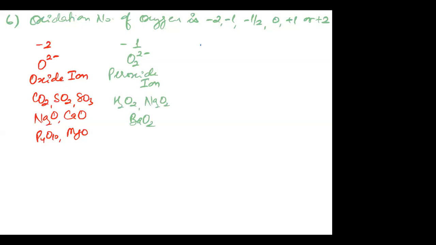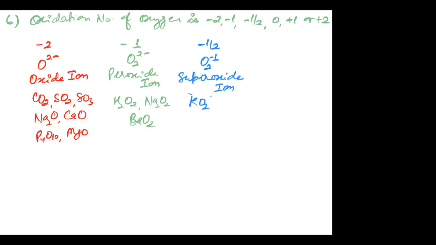It may also be -1/2 as an oxidation number. In this case, oxygen is represented as O2 -1, and this ion is known as the superoxide ion. For example, KO2, which is known as potassium superoxide.